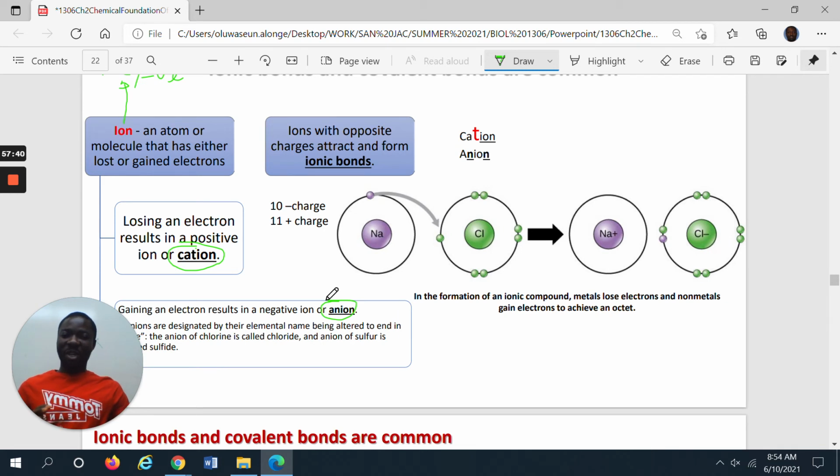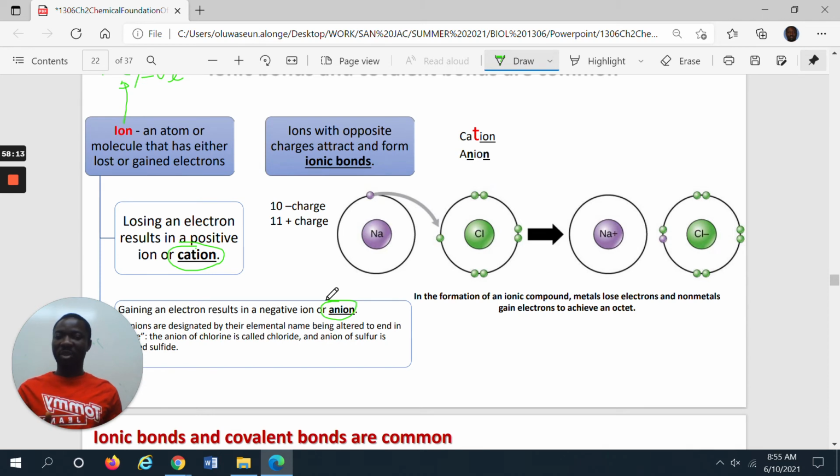Now, let me explain what that means. I said that when an element loses an electron, it becomes a positive charge, right? Why? Electron is negative. Think about it. If you lose some credit on your credit card, then you are not in debt.